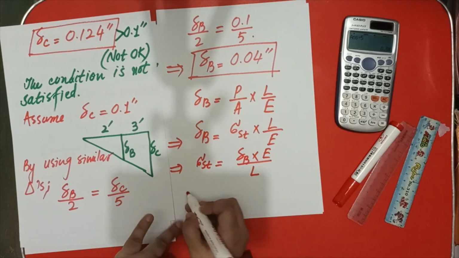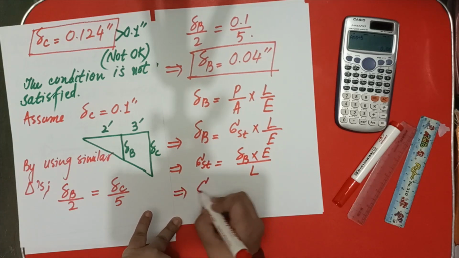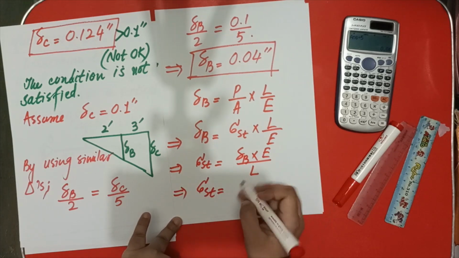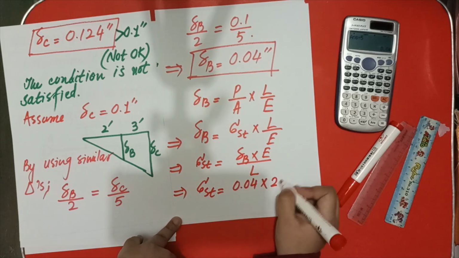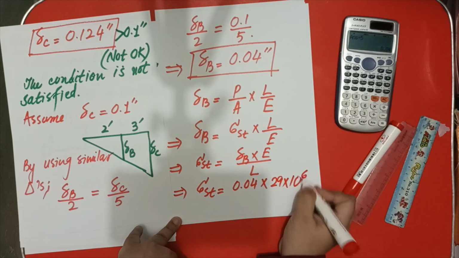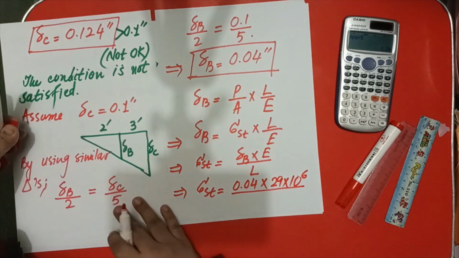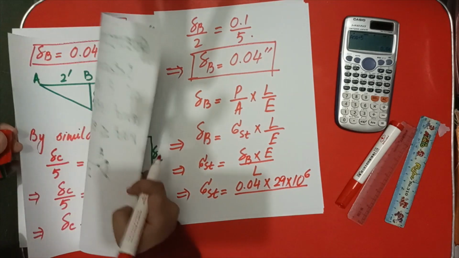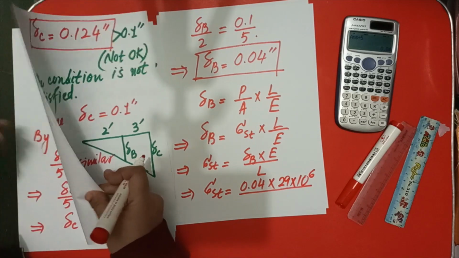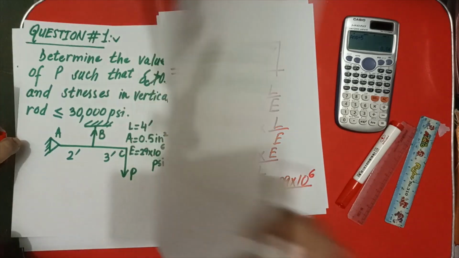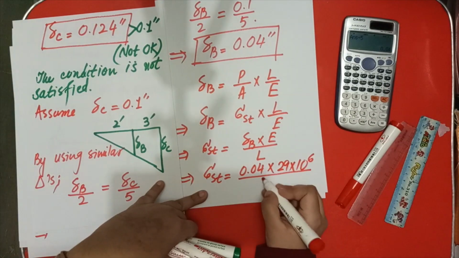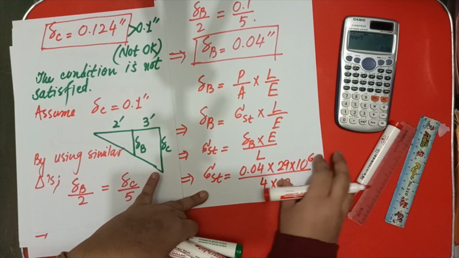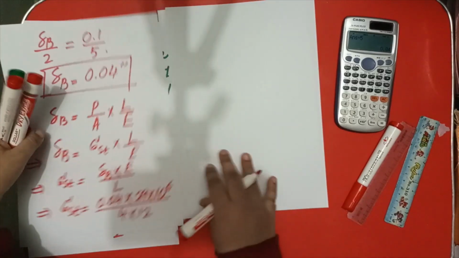So if we do this, stress ST is equal to, we will put the value of delta B multiplied by E, 29 into 10 to the power 6, divided by the total length, which is given in the question as 4 feet. So we multiply 4 feet by 12 to convert it into inches.